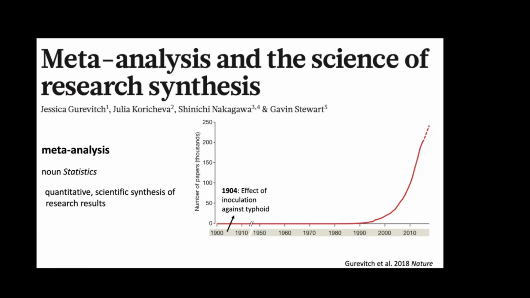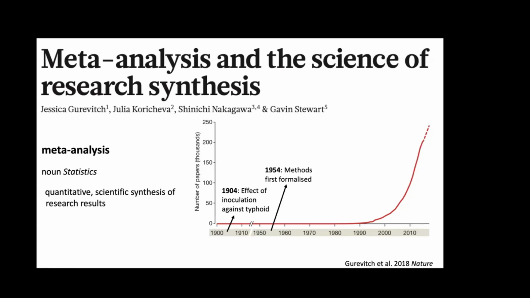And so this paper from Jessica Gurevich and her colleagues in Nature, published a few years ago now, was kind of the history of meta-analysis, if you like, and how it's been used to synthesize evidence in the sciences.